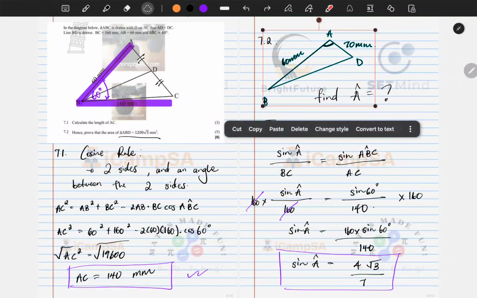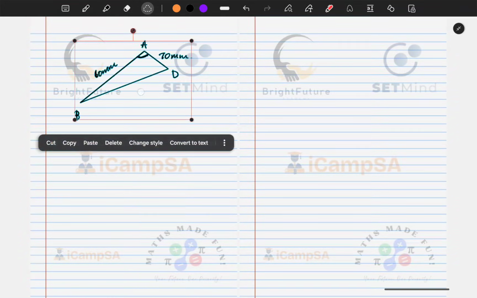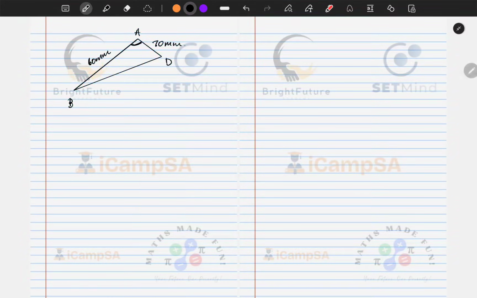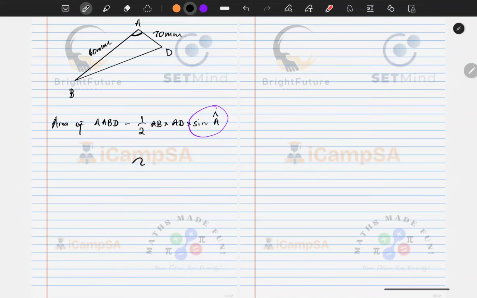The area of triangle ABD is just going to be half times AB times AD times sine of angle A. We already know sine A, AB and AD.